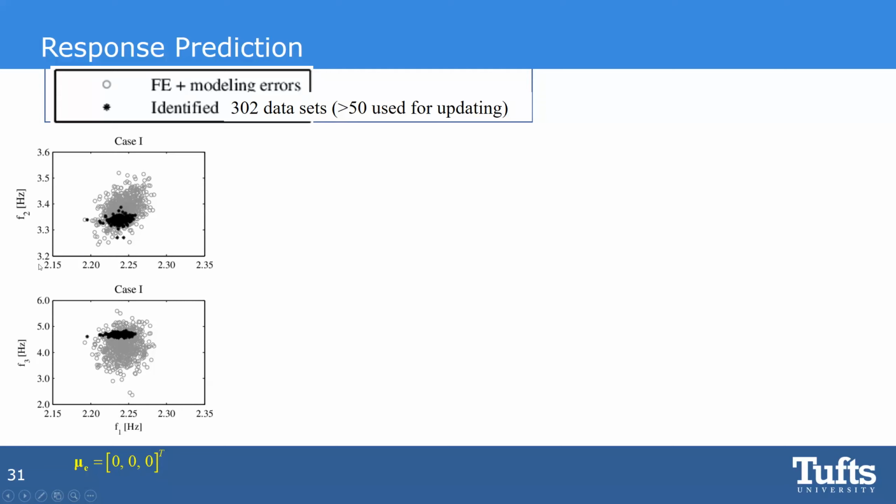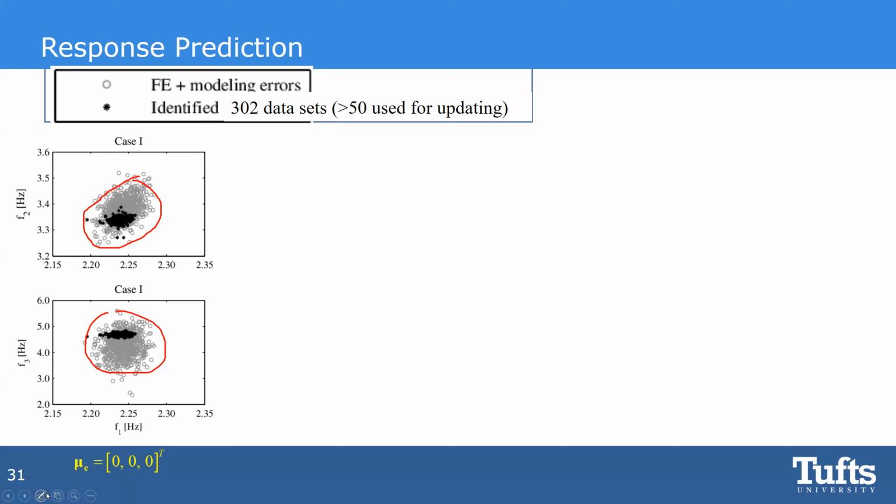I made an assumption that everybody knows what natural frequencies are, but they are features of the structure. And they are time invariant for linear structures. So it contains the measurement, very good. I'm happy about it. What I'm not happy about is why the gray dots are not tight.